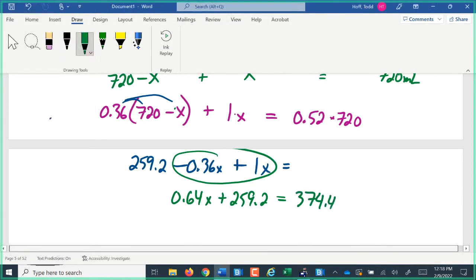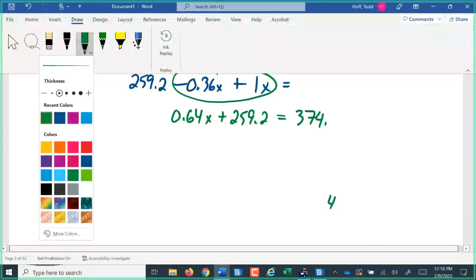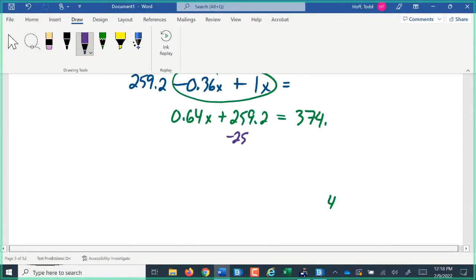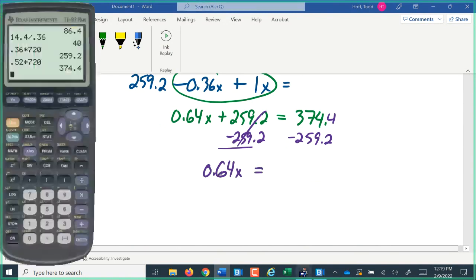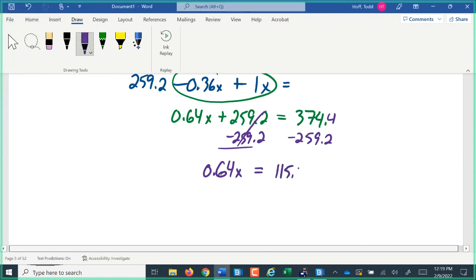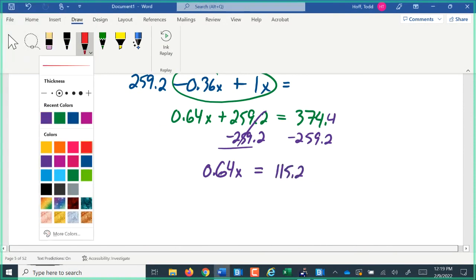Now we're ready to solve. Subtract 259.2. 0.64x equals 115.2, and we divide by the 0.64.